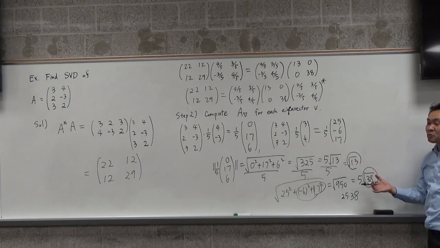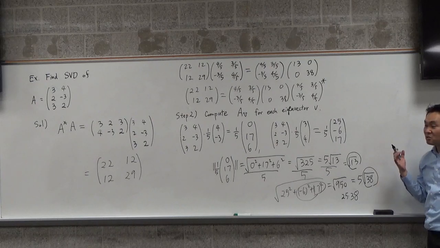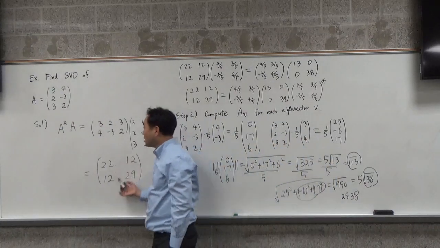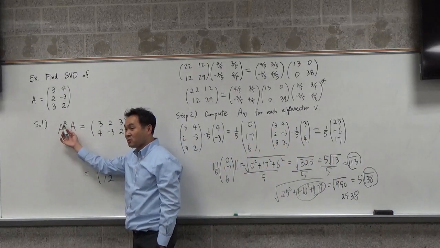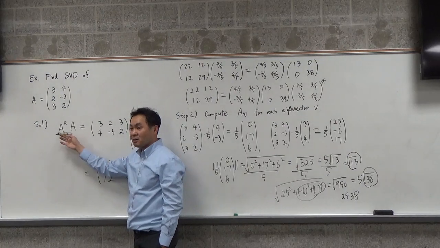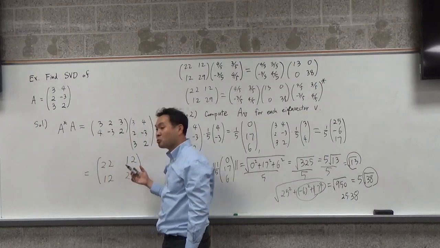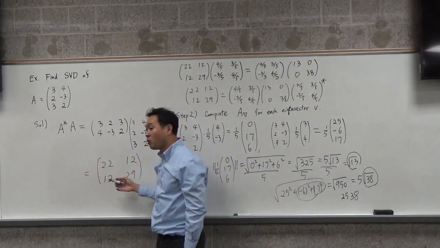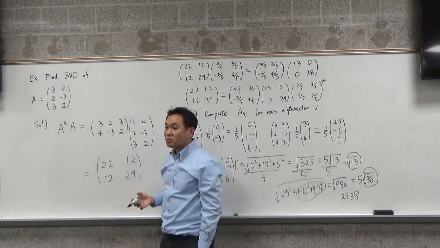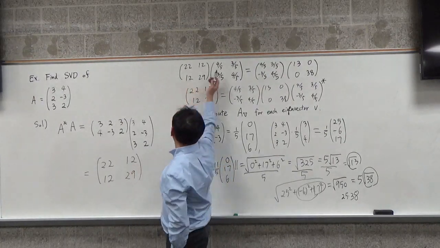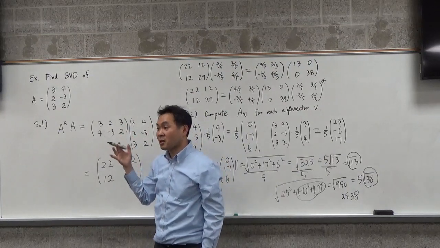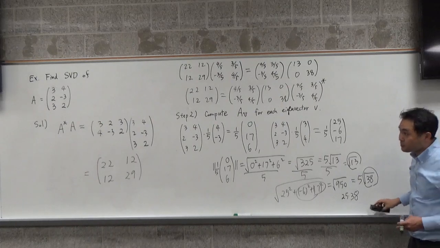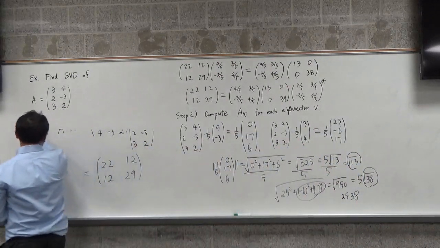But even if it's not a square matrix, you can still define something called a singular value, which is, you make it into a symmetric matrix by multiplying by its adjoint, and then find the eigenvalues. The eigenvalues will always be non-negative. If you make a symmetric matrix out of something like this, it will always be positive semi-definite, so that the square roots of the eigenvalues will always be computable as real values, and those will be called the singular values of a matrix. All right, so that's the end of step 2.